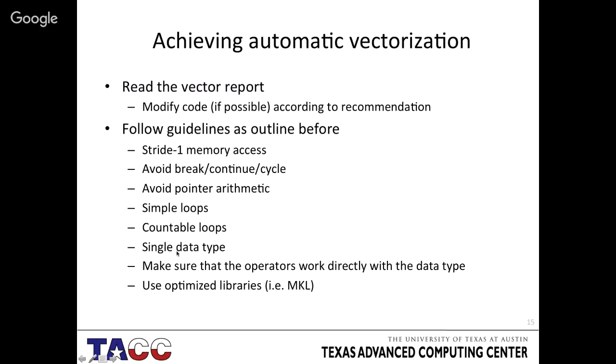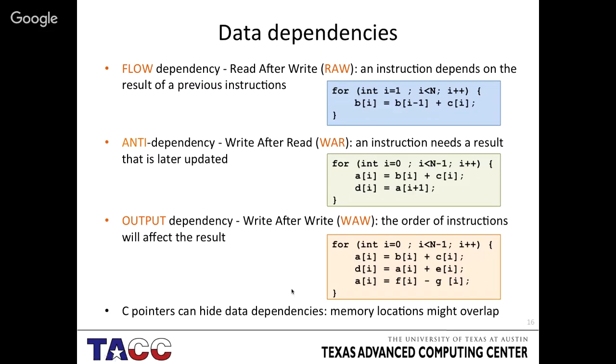If you have a mixture of data types, it has to do a lot of conversion, and so sometimes that inhibits vectorization performance. And then you should use the optimized libraries when you can, like MKL, to do specific operations.